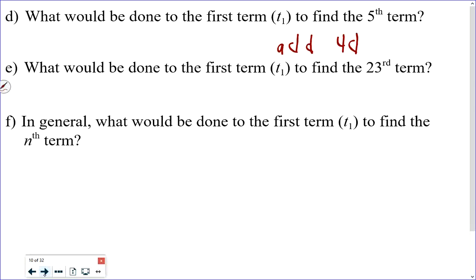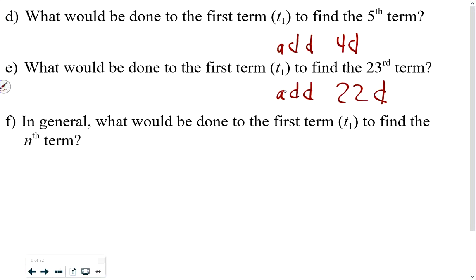But to the students who are following, you would recognize you don't need to know how many you add to get to the 22nd to figure out how many you would add to get to the 23rd. To go from the 1st to the 23rd, you add 22 common differences. Because there's 22 steps you have to take from the first position to get to the 23rd. You have to make 22 steps. So you add 22 common differences.